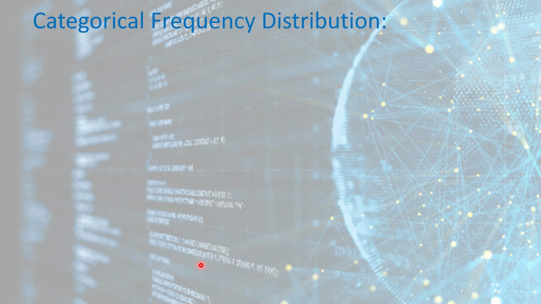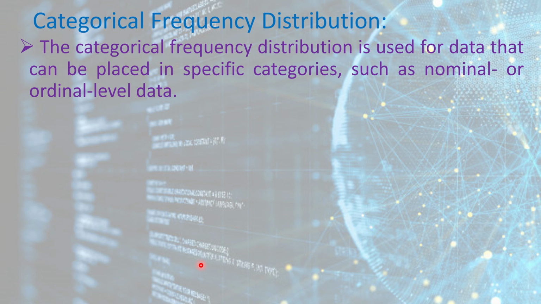In the case of categorical frequency distribution, the data will be categorical, that is, qualitative data. Let's suppose we have categorical data which can be placed in a specific way. That might be nominal or ordinal level data.